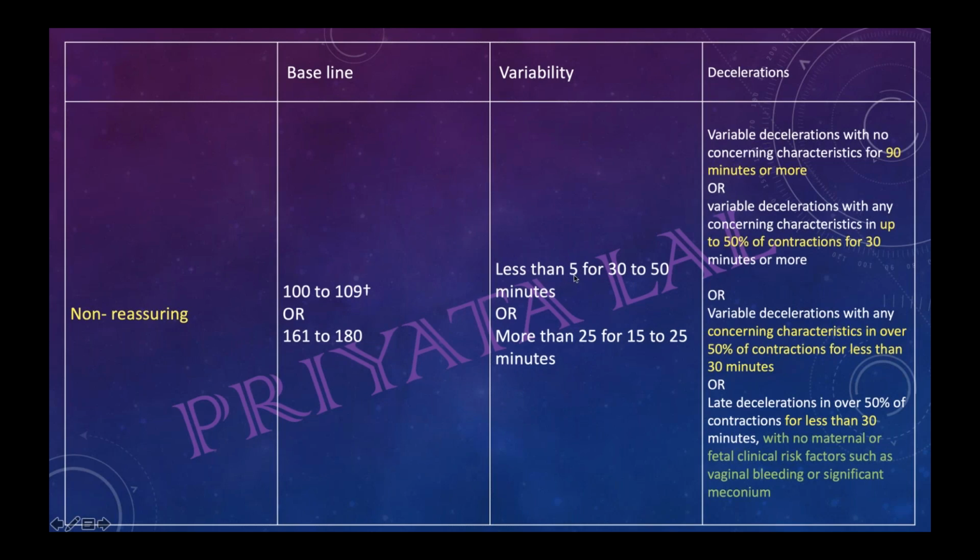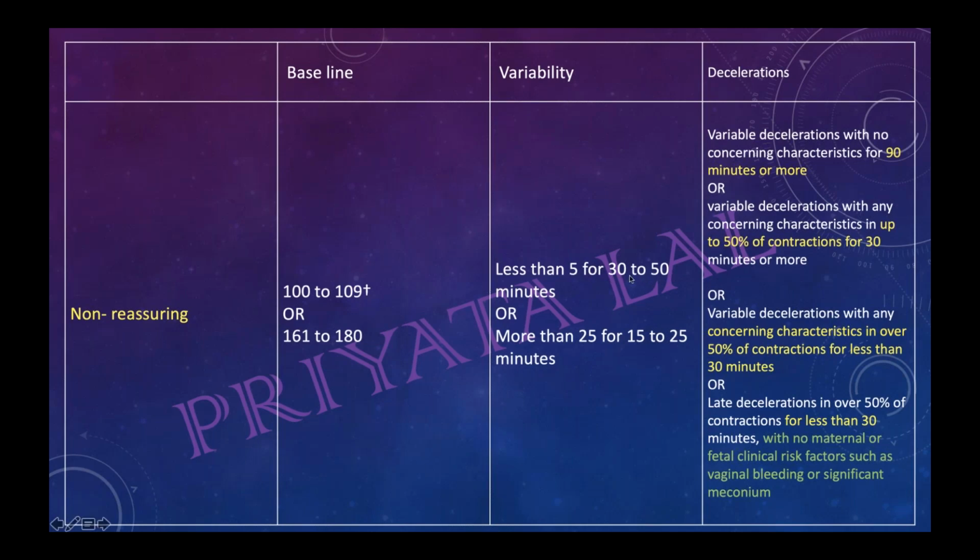So you have to just see variability, and if it is less than 5, please don't panic. See that trace. If it is more than 30 minutes, then only put it under NR feature. But if it is a 20-minute trace, and variability is less than 5, then we can't put it under NR feature. So this part you have to understand very well.